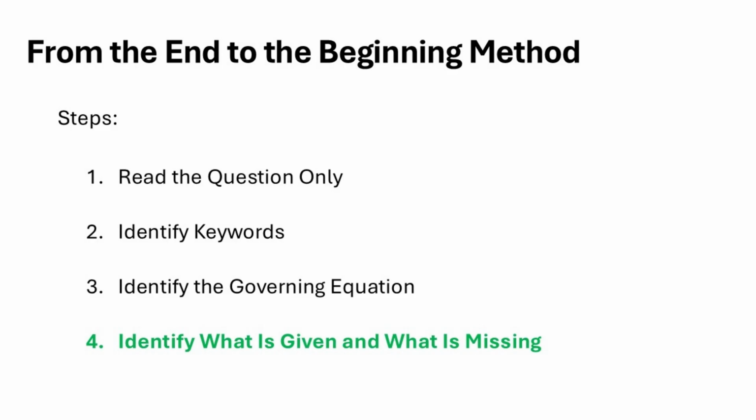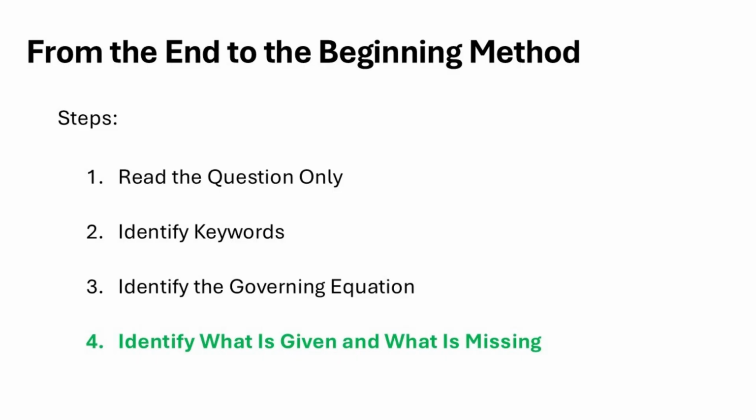identify what is given and what is missing in that equation. Now, and only now, we're going to go back to the problem statement. From the equation we selected, let's identify what parameters are given and which parameters are not given. And this is critical.